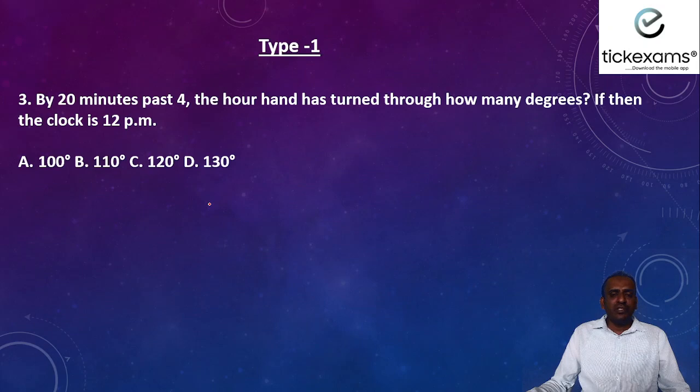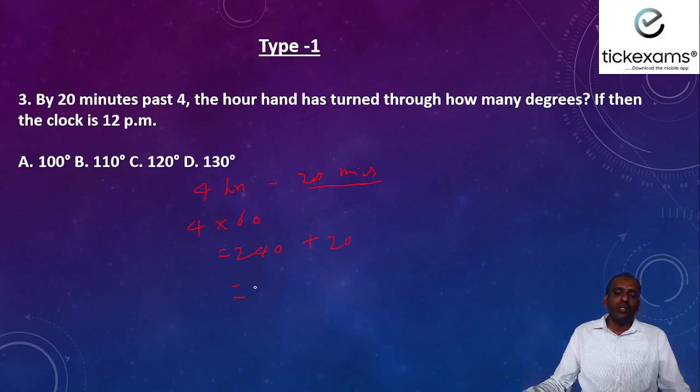By 20 minutes past 4, the hour hand has turned through how many degrees, if the clock was at 12 p.m.? Now there is a slight change in this question. Here they have given minutes as well as hours. So from 12 to 20 minutes past 4, we have 4 hours and 20 minutes. It's better we convert the hours also into minutes. 1 hour is equal to 60 minutes, so 4 hours is 4 into 60, that is 240, plus this 20 minutes extra.